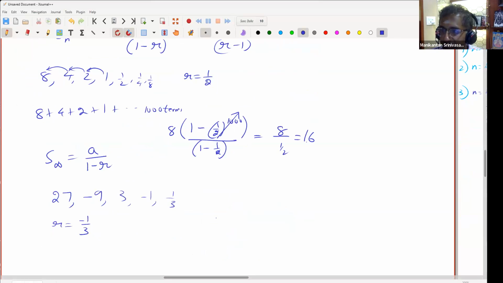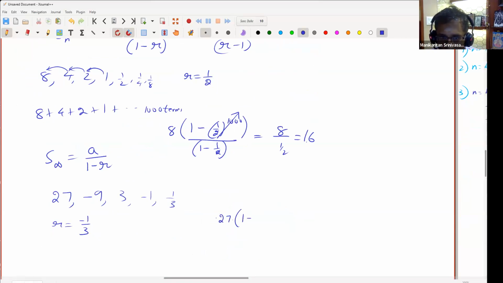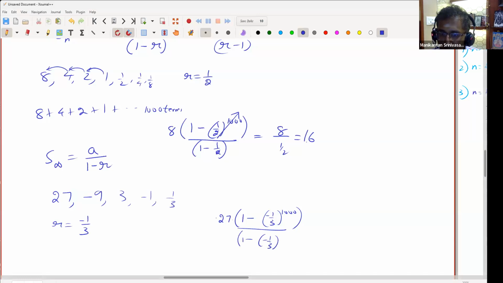Even here I can find the sum till infinite terms. Why is that? Because if I take the sum till the same 1,000 terms, it'll be 27 times 1 minus (minus 1/3) power 1,000 upon 1 minus (minus 1/3). But minus 1/3 power 1,000, by the same logic, is a very, very tiny number, almost 0.